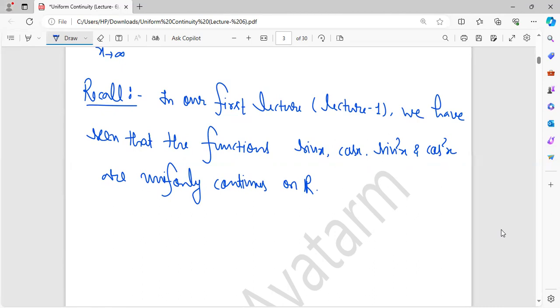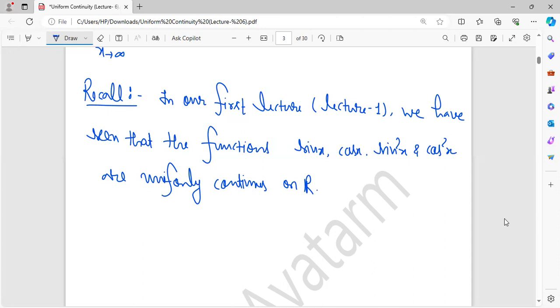Now we want to prove a more general result. You observe that sin x, cos x, sin square x and cos square x are continuous functions on the real line, and these are also periodic functions.